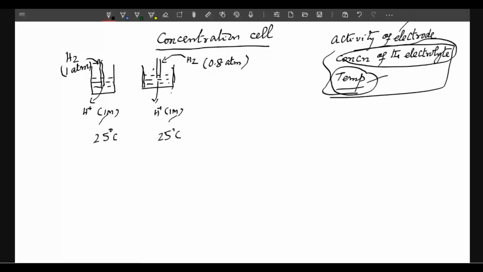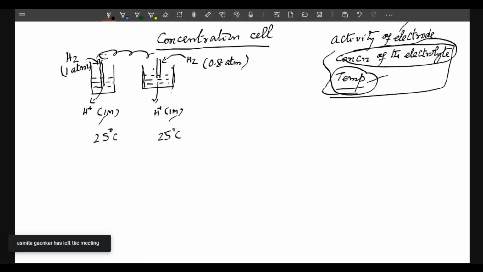Definitely there will be a difference in the cell EMF, and that is sufficient for us to derive EMF from the cell. Here the cell EMF is due to the difference in the activity of the electrode.